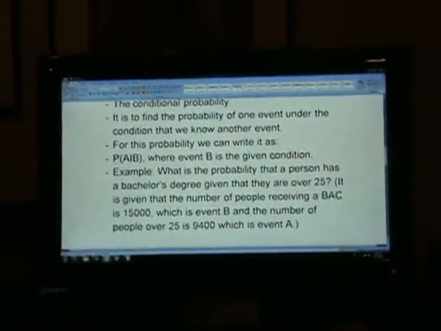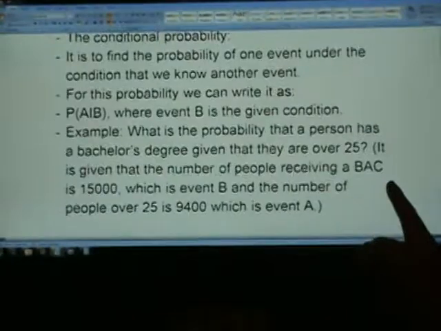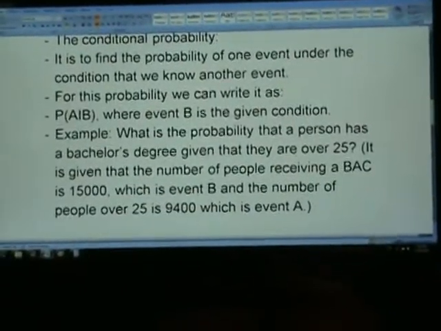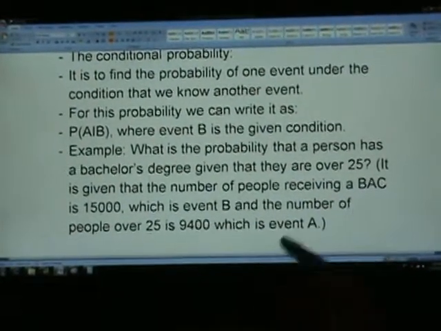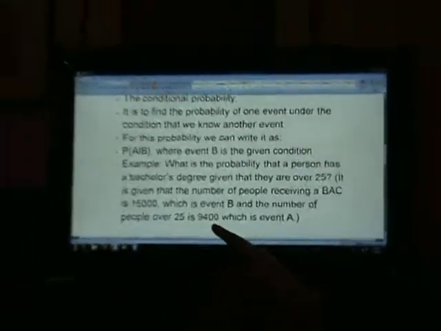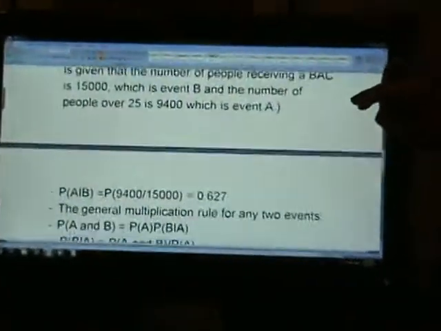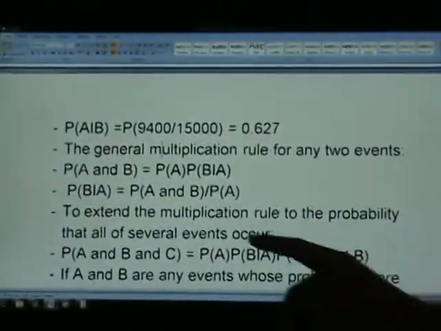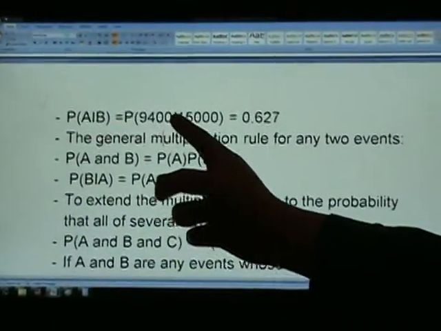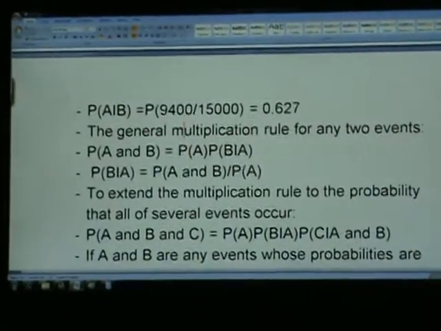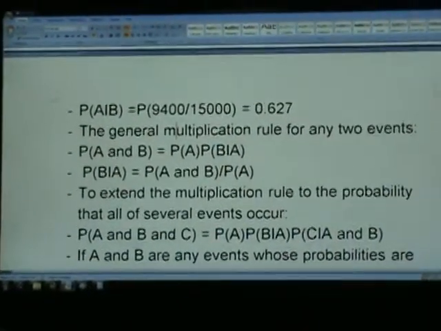It is given in the question that the number of people receiving a bachelor's degree would be 15,000, and that would be event B, while the number of people over 25 would be 9,400, which is event A. So to calculate the probability, we'll just divide 9,400 by 15,000, and it will equal 0.627.